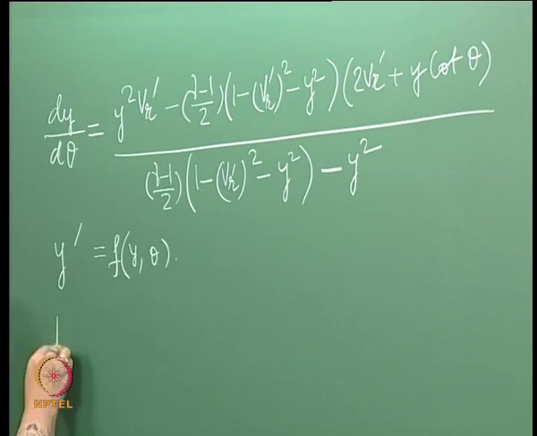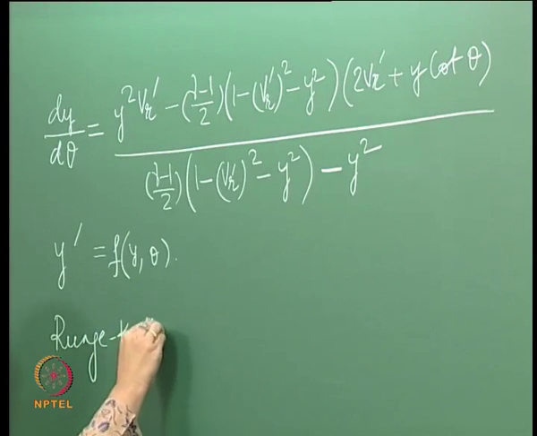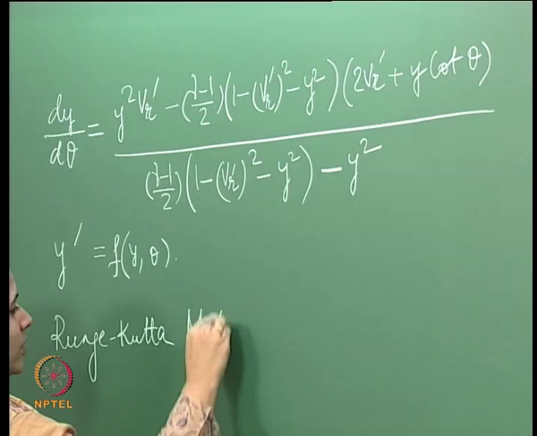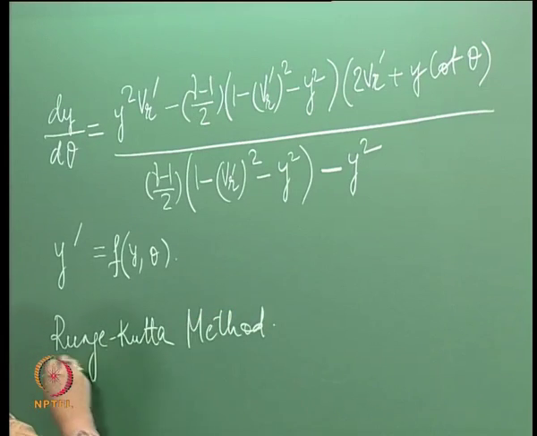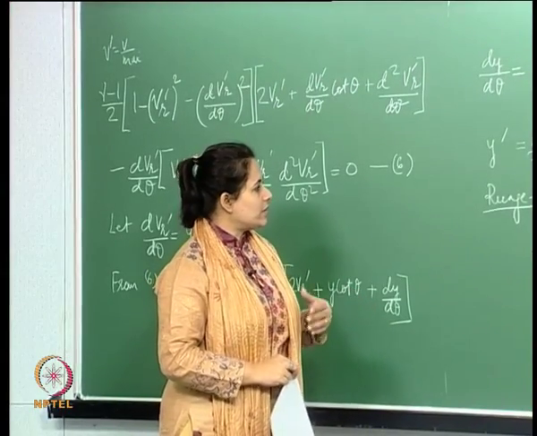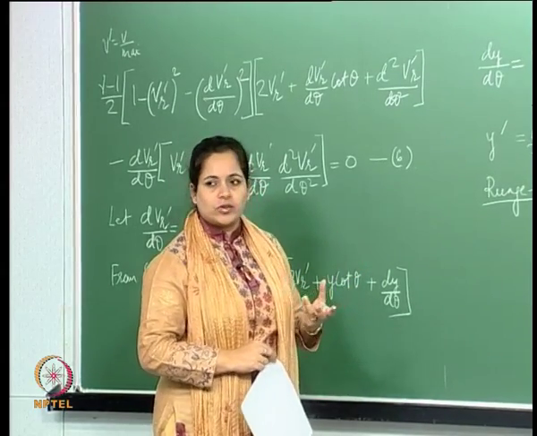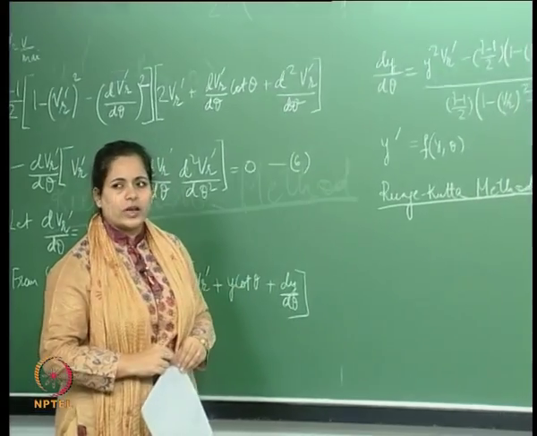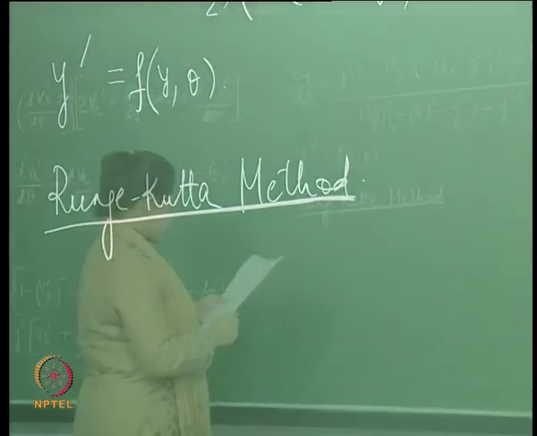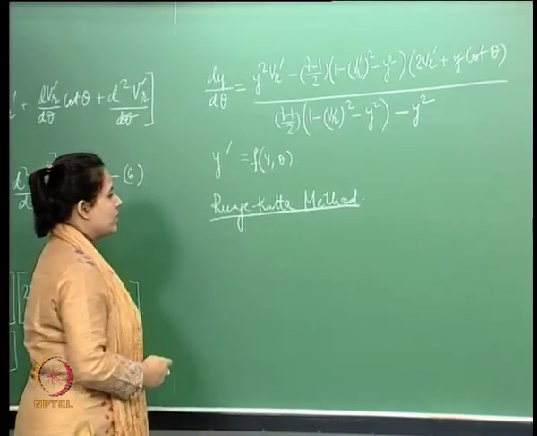If you are not familiar with it, or do not have any idea of what the Runge-Kutta method is, let me just walk you through the procedure, and I would suggest that you consult any standard textbook for what this method is all about. You should be able to figure it out, it's pretty straightforward.